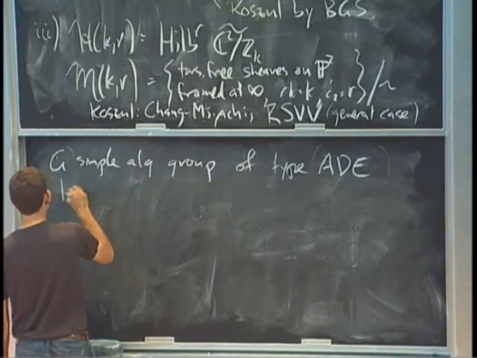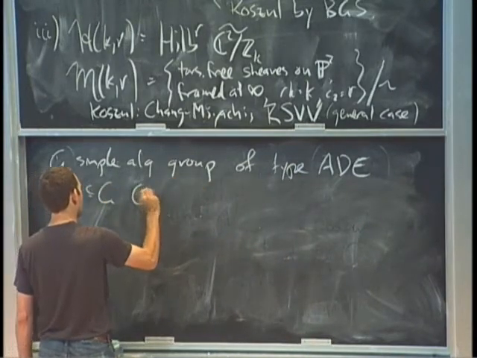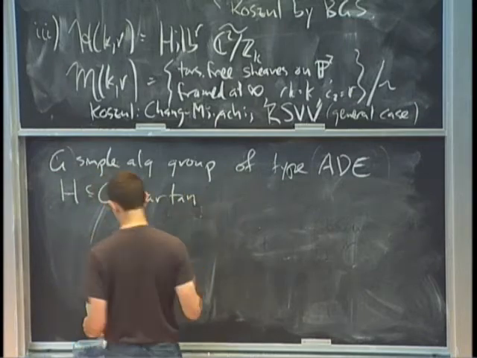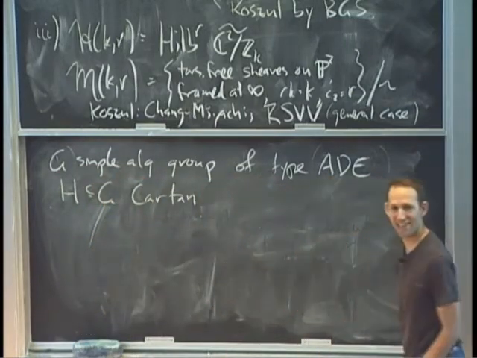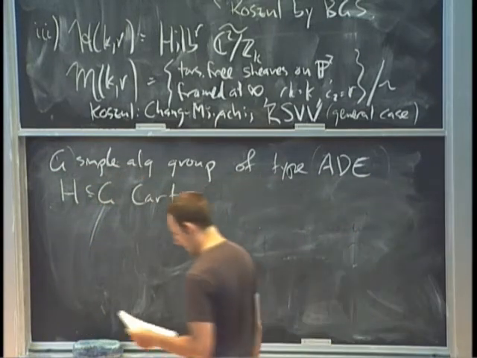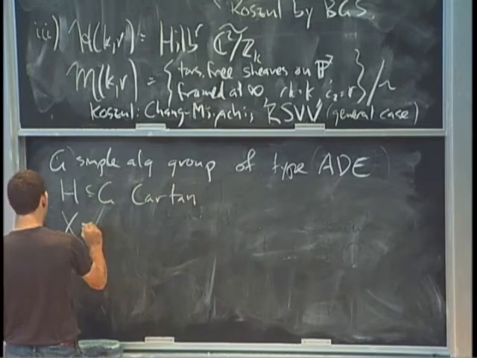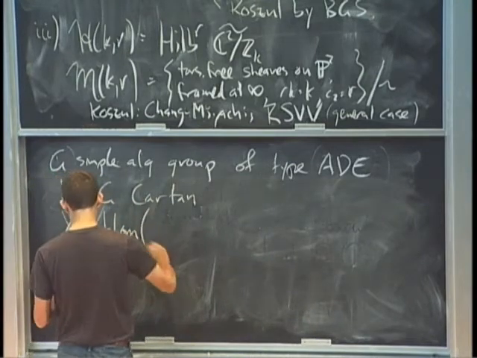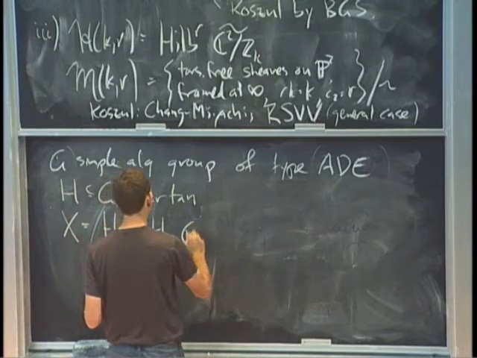H is going to be a Cartan subgroup. Not T because I'm using T already. X is going to be the weight lattice from H to C star.